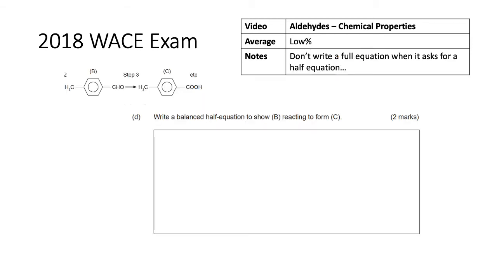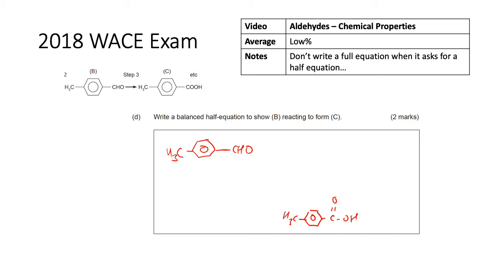Next, write the balanced half equation to show B reacting to form C, and this was just a pain in the butt because you got to draw the benzene ring, and this H3C with the CHO turning into the carboxylic acid, with the H3C.